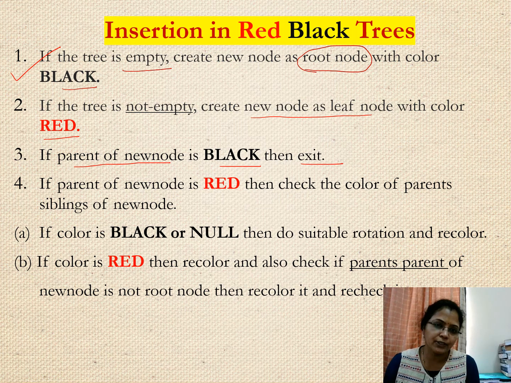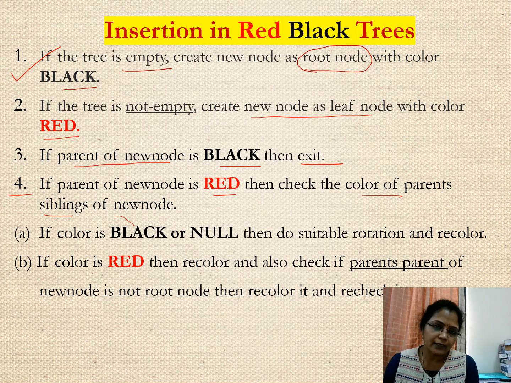The fourth condition, and this is the most important one: if the parent of the new node is red, meaning the parent of the node you have added is red, then we have to check the color of the parent's sibling. The color of that parent's sibling can either be black or red. So there are two conditions.